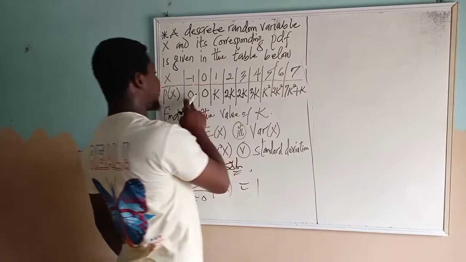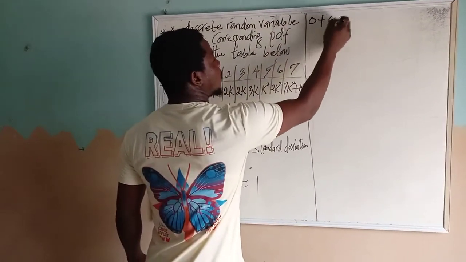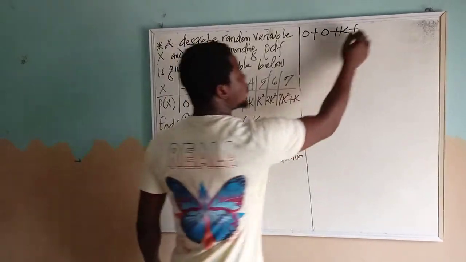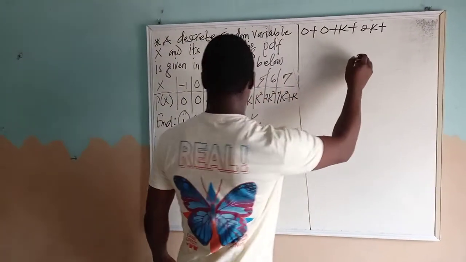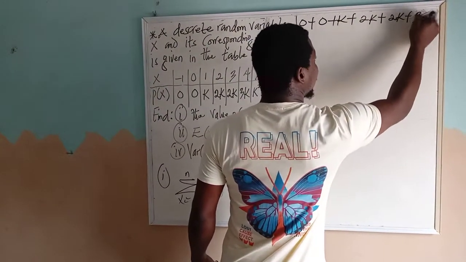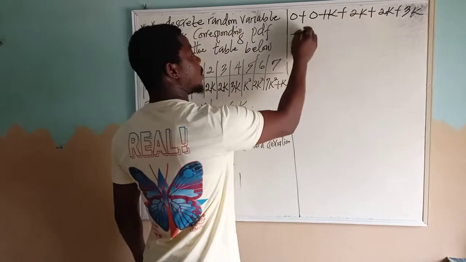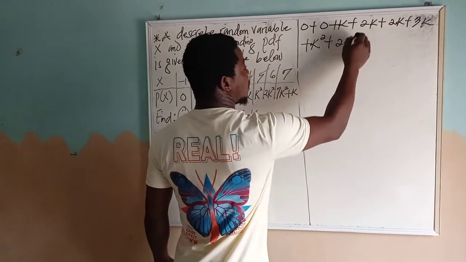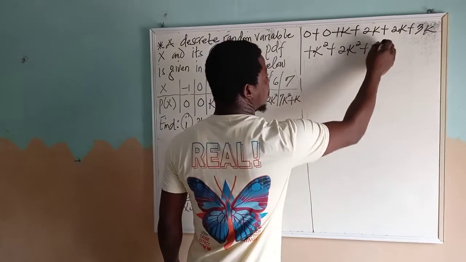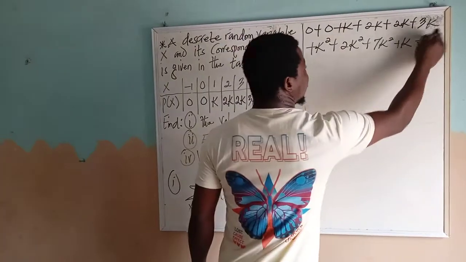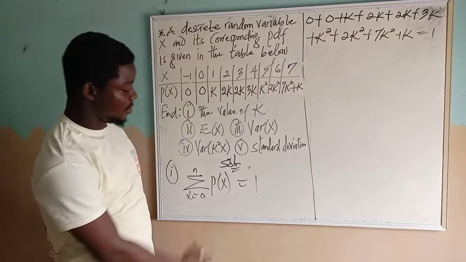So we have 0 plus 0 plus k plus 2k plus 2k plus 3k plus k squared plus 2k squared plus 7k squared plus k. Everything will be equal to 1 from this property.